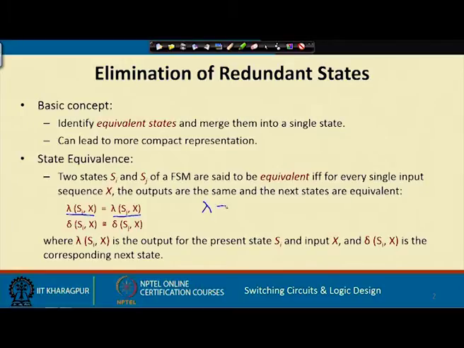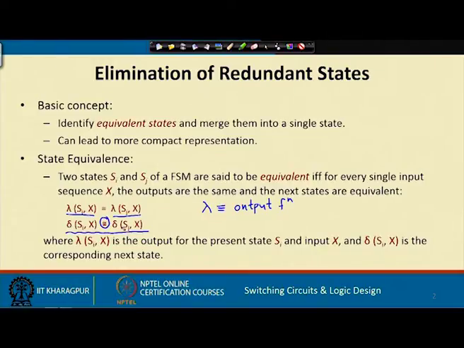Here lambda is the output function, and delta is the next state function, which says that the next state when you are in S i, the present state, and input x, and the next state when you are in S j and input is x, are equivalent. I have not shown it as equal, they are equivalent. These two states should be equivalent.